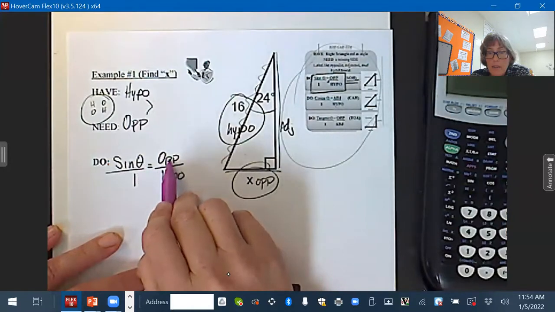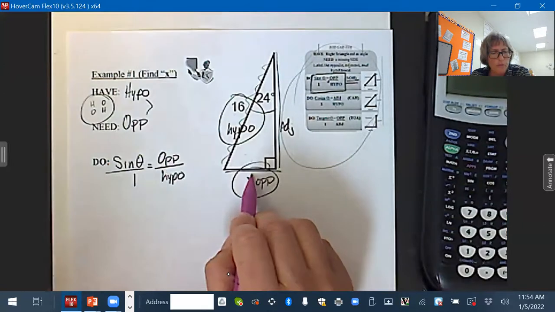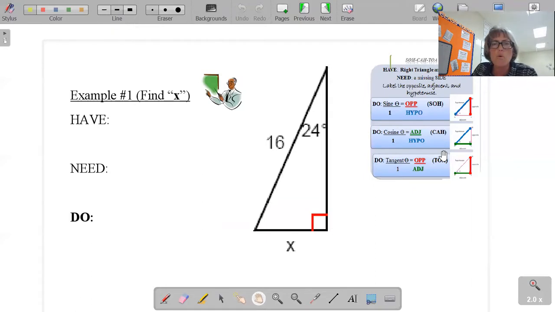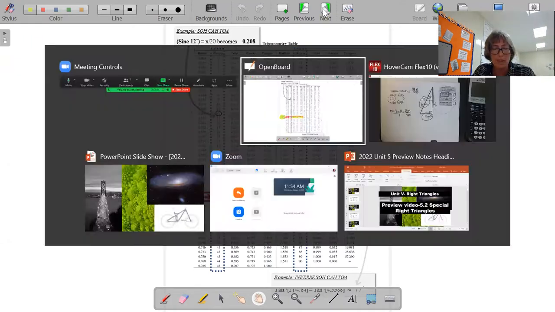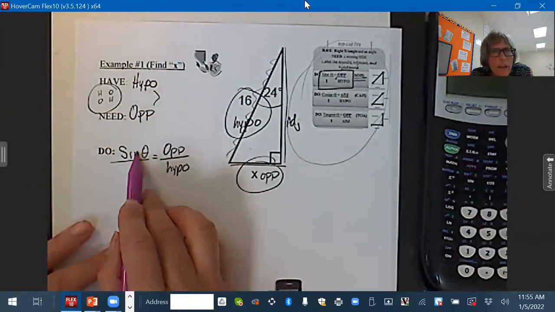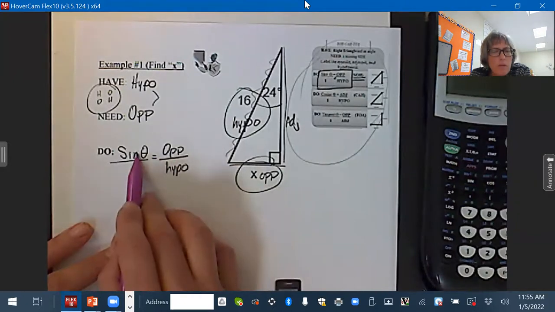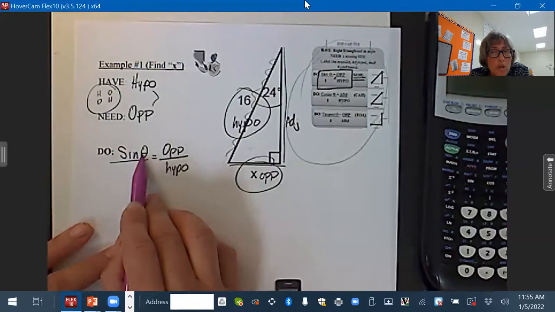Okay, ready? We're going to solve for x here, using these stored sine, cosine, tangent ratios in your calculator. Let me show you how to do that. It's not hard, I promise. Step number 1, you've determined it's sine. You write down: sine of theta over 1 equals opposite over hypo. Now you're going to circle, plug, chug.